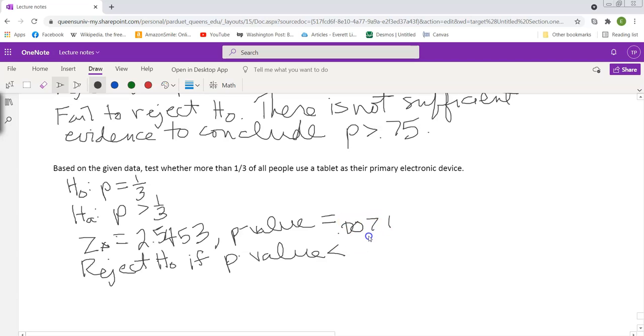Even for the smallest one, we'd still reject H0. So if we said just 0.01 here, we'd still get the same conclusion. So we'll just pick the smallest one because that's the strictest one anyway. All right, so we know here that this p-value is less than 0.01, so we're going to reject H0.